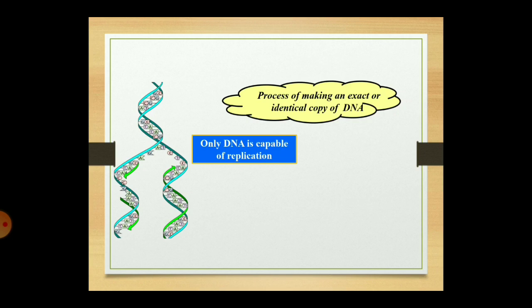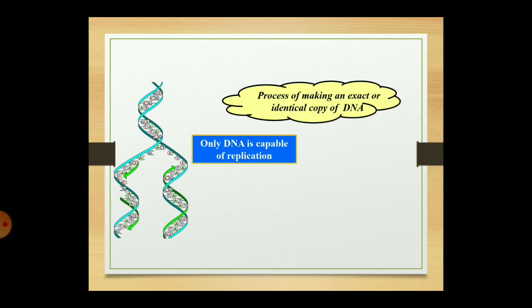Only DNA is capable of replication, whereas RNA is synthesized from the DNA with the help of an enzyme called transcriptase, or DNA dependent RNA polymerase enzyme.